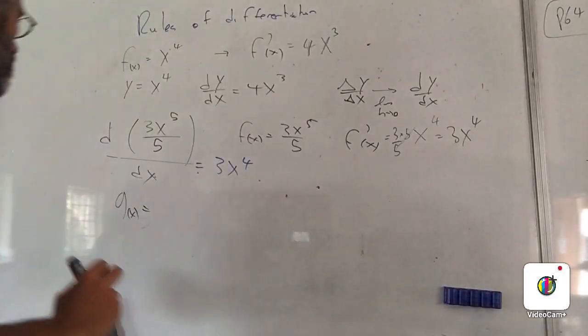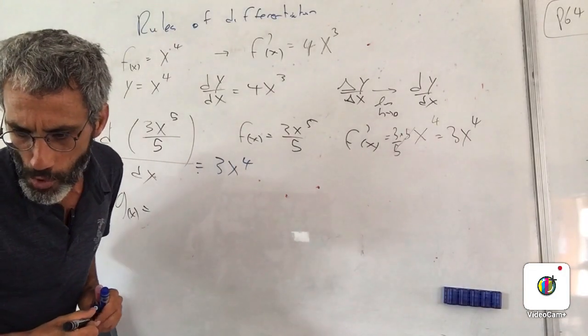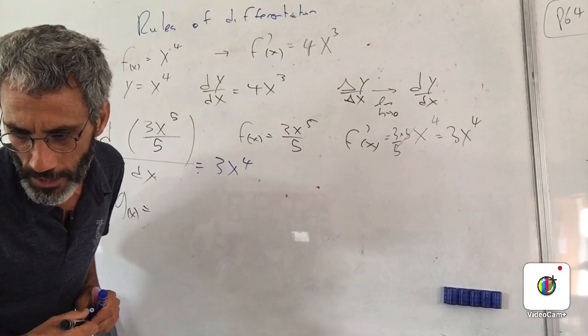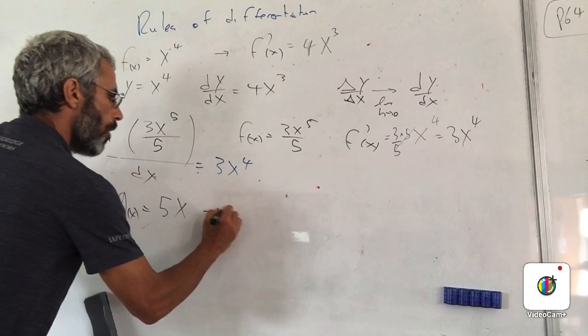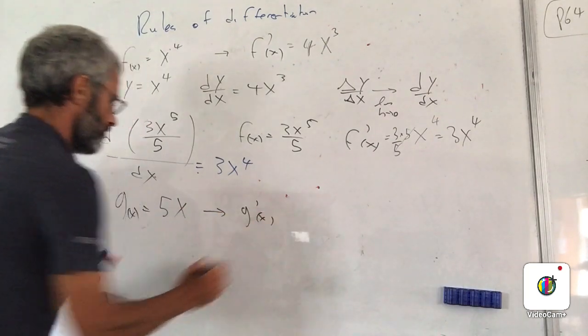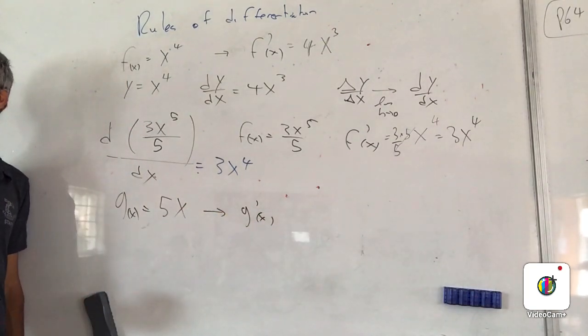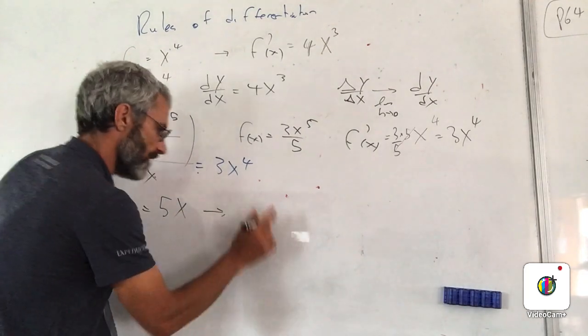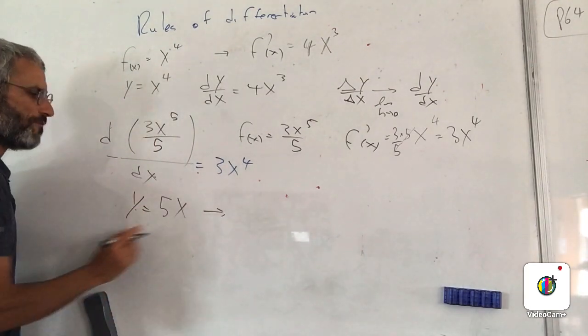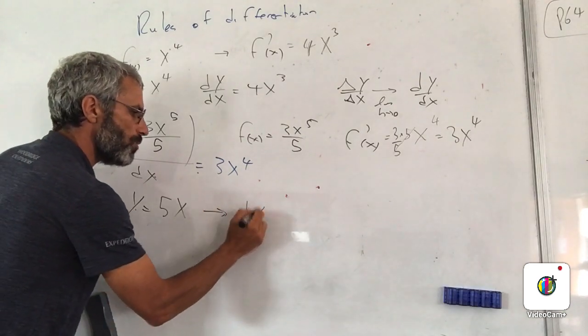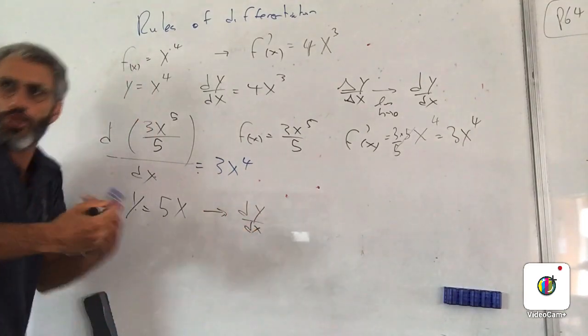Sorry, I had one more function that I was going for: 5x. What will be the derivative of 5x? Well, let's use another notation. Y equals 5x. What will be dy to dx? I just want to get you used to this. What is it?